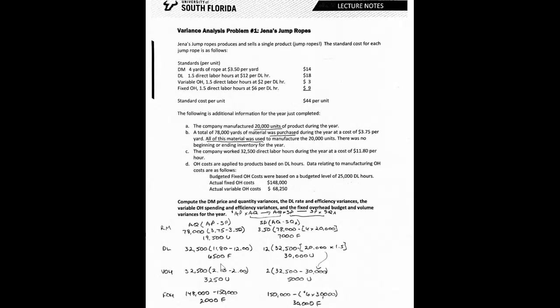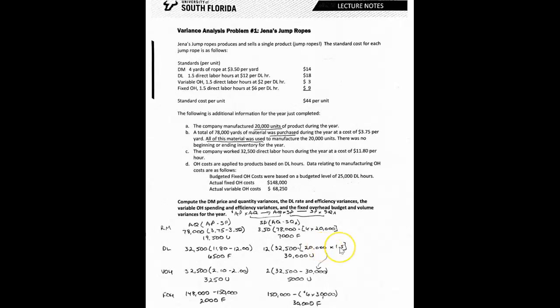Now for usage or efficiency, it's going to be 12. What's 12? $12 per hour, right? Is that what it is? That's our standard? Yeah, $12 per hour is the standard rate, times the actual hours of 32.5 that was given to us, and then I take my actual quantity produced, my 20,000 produced, times 1.5 hours per unit.